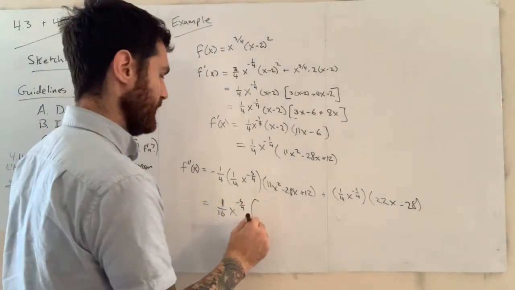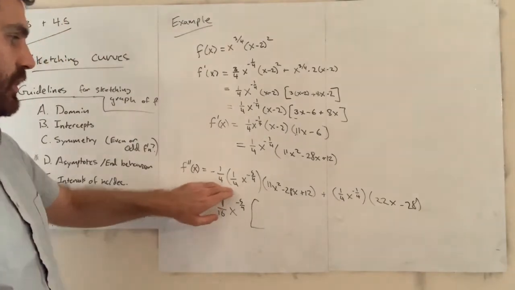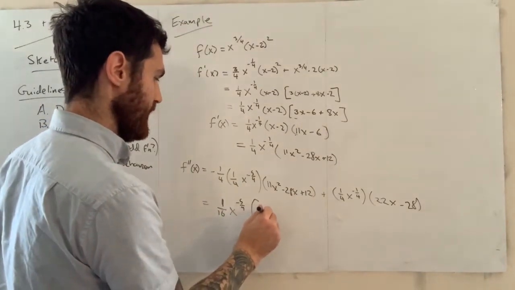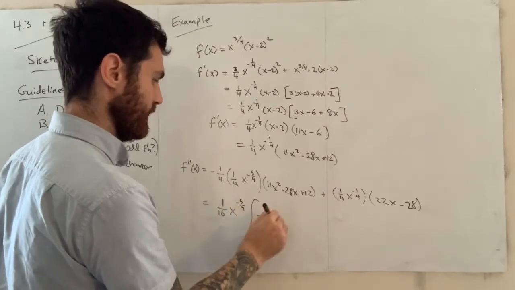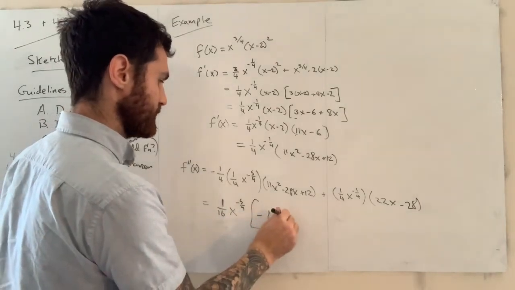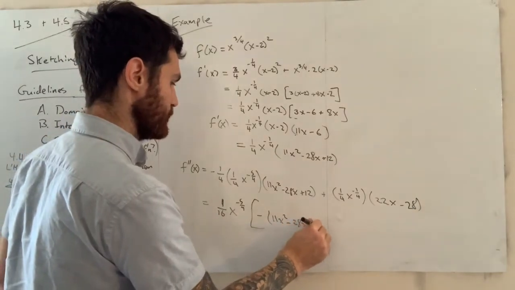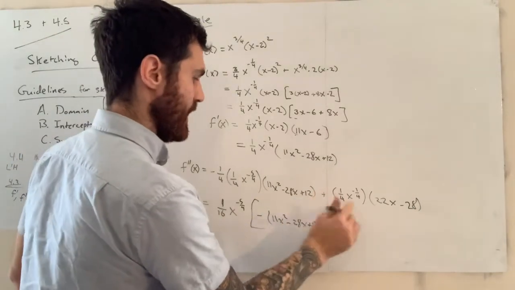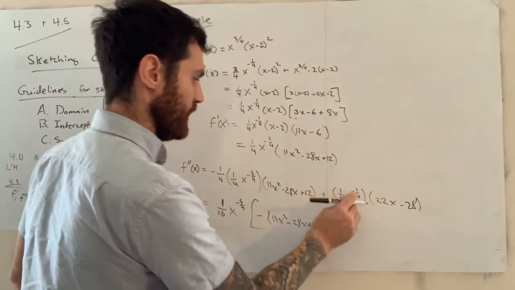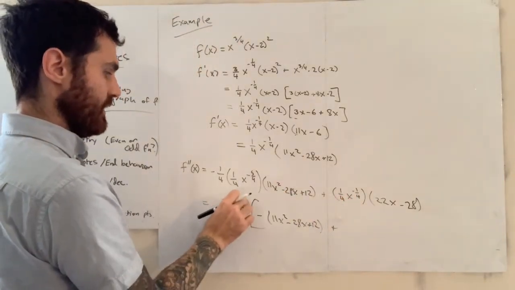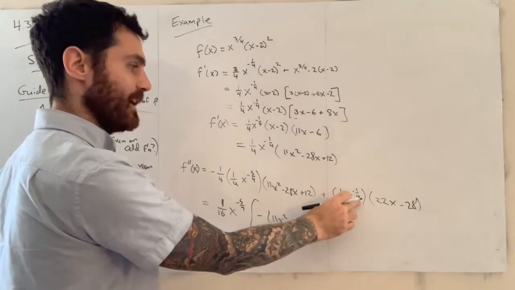And then what I'm left with is I took all this term from this first one, so I just have a negative, because I have a negative, 11x squared minus 28x plus 12. And then I have plus, because I took out negative 5/4, I have to add 5/4 to that.